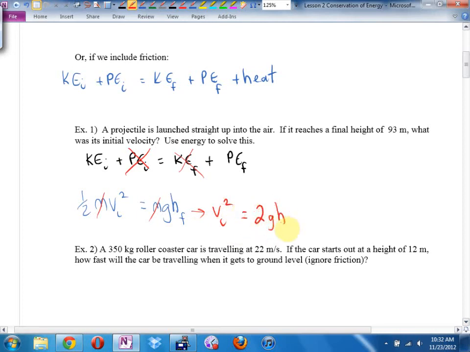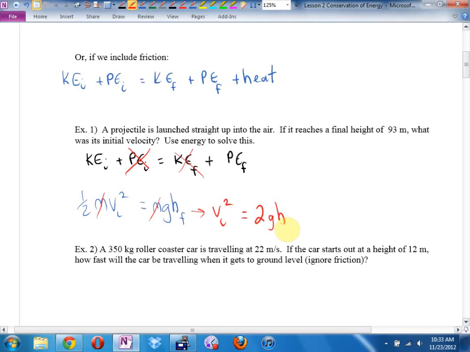You know what? Isn't that v final squared equals v initial squared plus 2ad, but instead of 2ad, I have 2gh in disguise? I don't know if you remember when I showed you that equation, I said it was tricky to prove. It was way easier to prove when we got to energy. Well, there. It's way easier to prove when we get to energy.